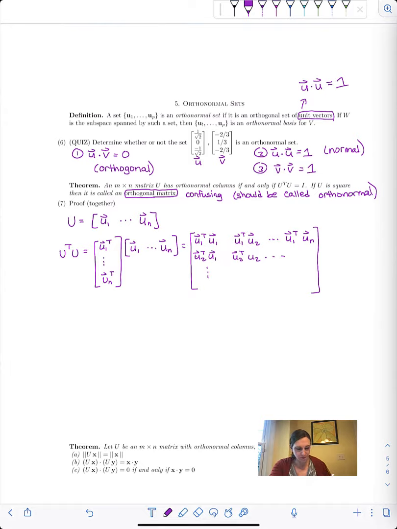But if you go back to 6.1 and recall, the definition of the dot product is the vector transposed times itself. So in fact, this is just a bunch of dot products in our matrix.